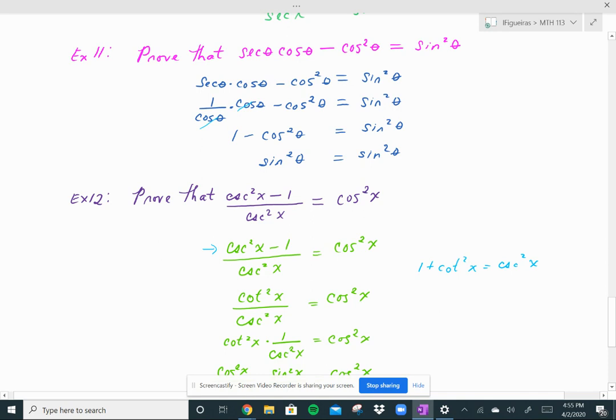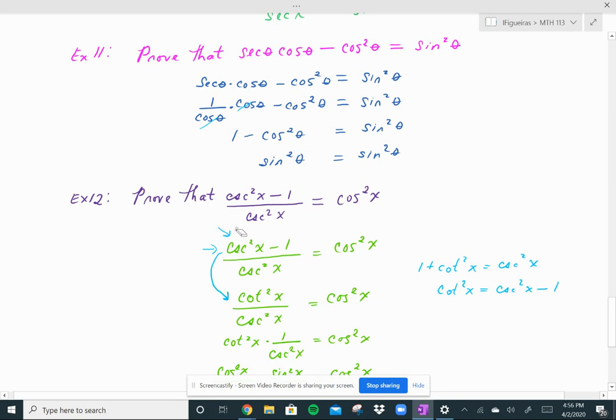Okay, and notice that here I have cosecant squared of x minus 1. So if I subtract 1 from both sides, you'll get cosecant squared of x minus 1 on the right. So that's why I replaced that numerator with cotangent squared.